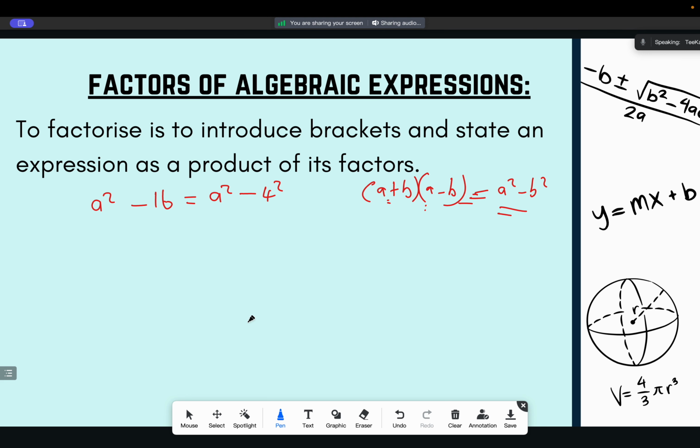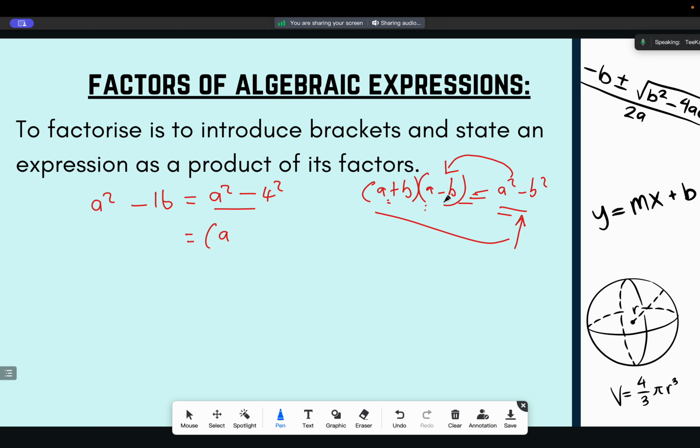So now, if you look at this and this, you can see that now we have this here. So for us to factorize this, we just want to come back to this one here. So how do we do that? We just do the same thing we did.